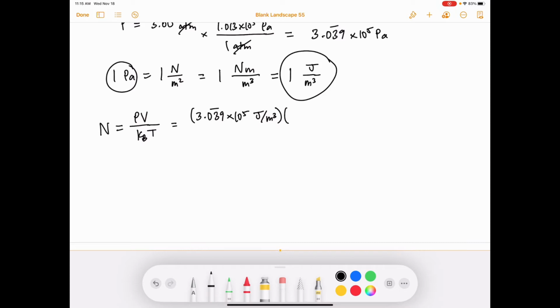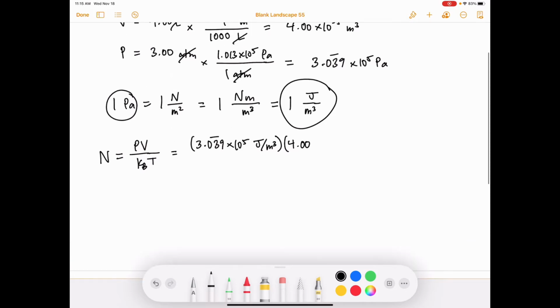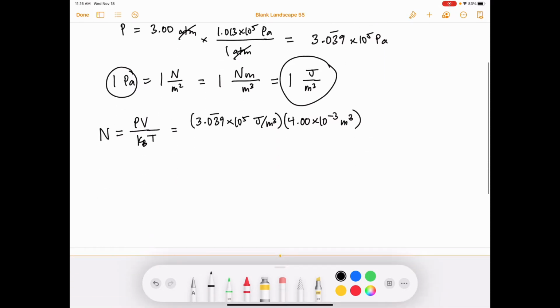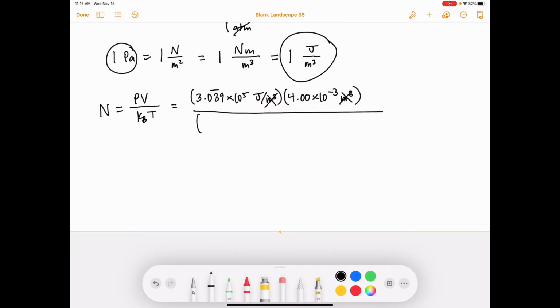Then I'm multiplying this by the volume, which we said earlier, is 4.00 times 10 to the minus 3 cubic meters. So notice, cubic meters cancels out. Okay, then we divide by Boltzmann's constant. That's 1.38 times 10 to the minus 23.